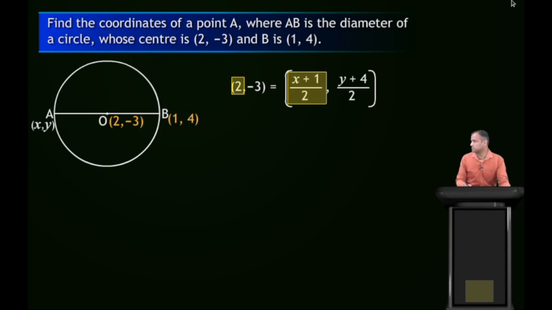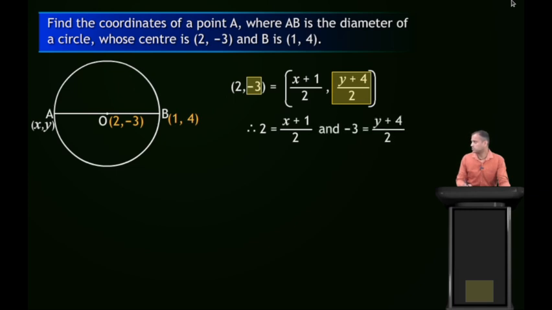Okay, so put these values. So 2 equals (x plus 1) upon 2, then we have (y plus 4) upon 2 equals minus 3. Now I think you can easily get the values of x and y from here. If you multiply by 2, it is x plus 1 equals 4 and y plus 4 equals minus 6.